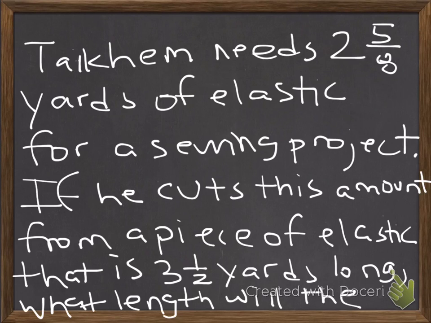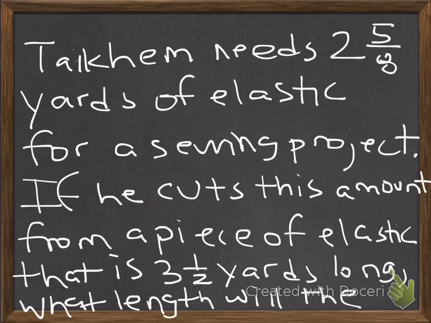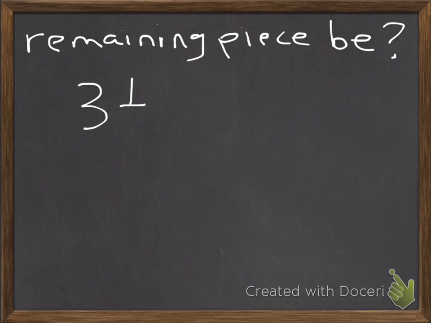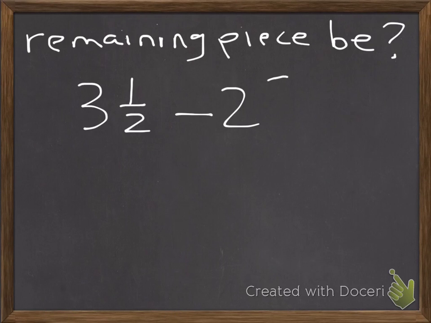And the last word problem we have, now we have Takeem needs 2 5/8 yards of elastic for a sewing project. If he cuts this amount from a piece of elastic that is 3.5 yards long, what length will the remaining piece be? So now we take our total 3.5 yards and we have to subtract the cutting part, 2 5/8.